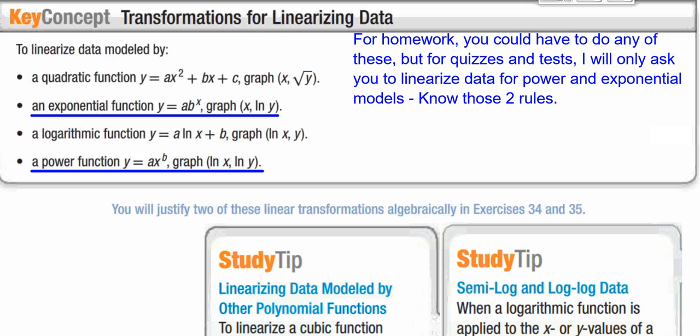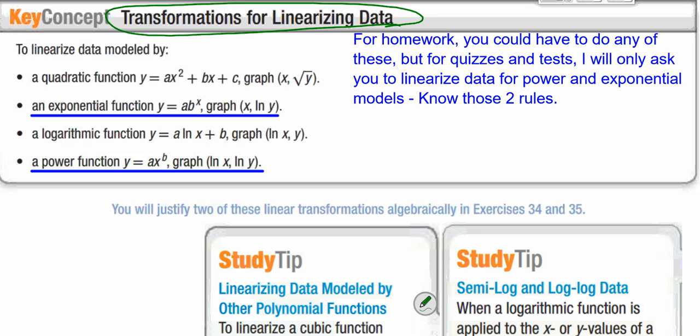Okay, so these are the transformations for linearizing the data. You need to write all of these in your notes. There's 4 of them. And on the homework, you might have to use any of the 4. On tests and quizzes, you will have to know the exponential and the power. Those are the 2 examples we'll go over today.